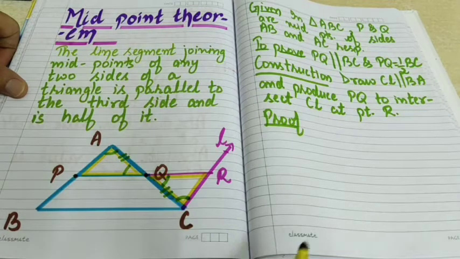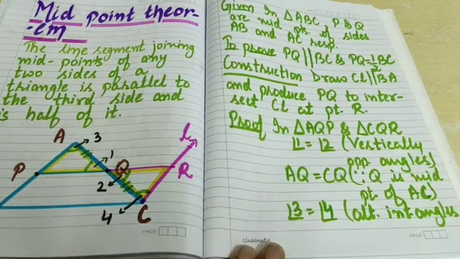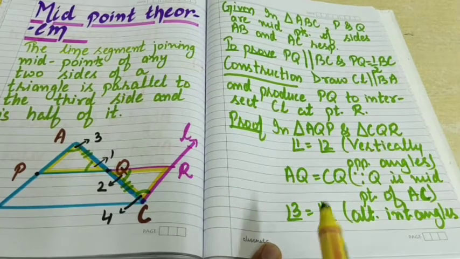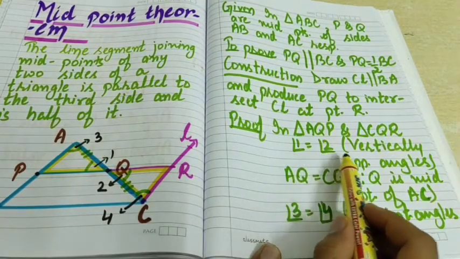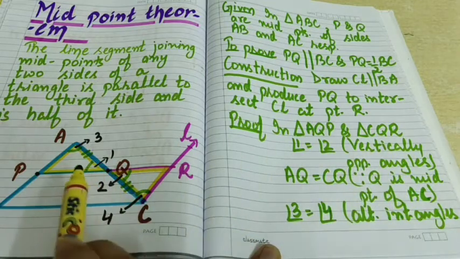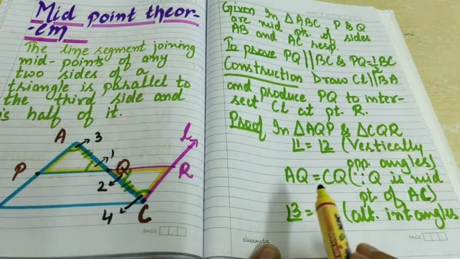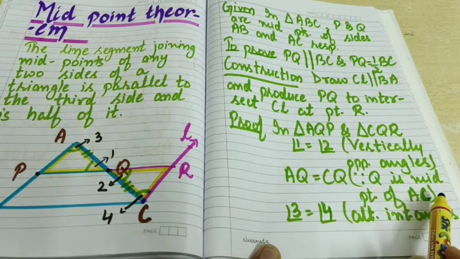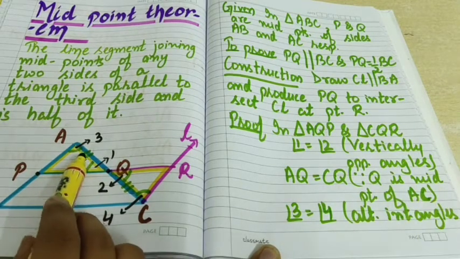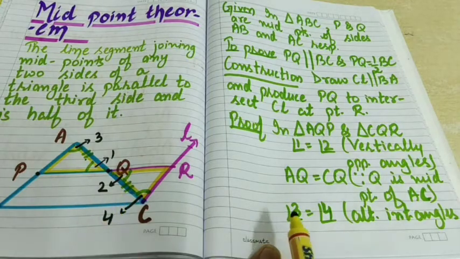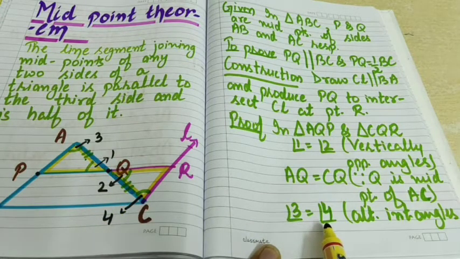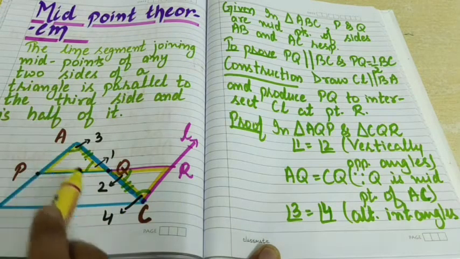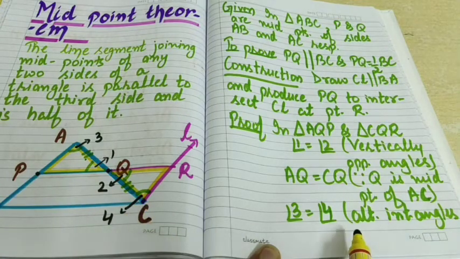Now let us mention the same. So here we mention that angle 1 equals angle 2, vertically opposite angles. Then after AQ equals CQ, because Q is midpoint of AC. Then after angle 3 is equal to angle 4, because they are alternate interior angles.